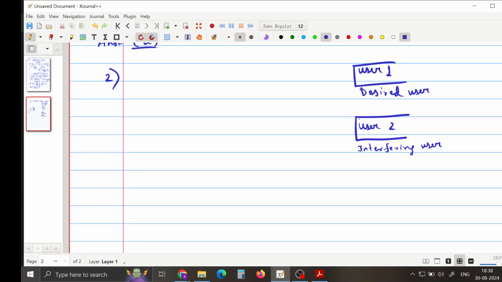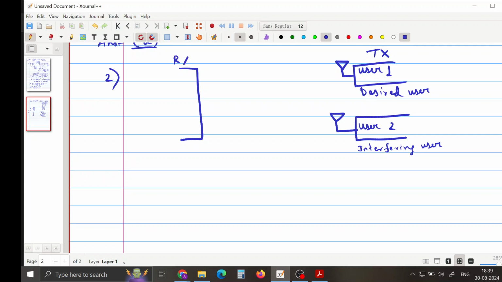So this user 2 is my source of interference, which is not the same as noise. And so this is at the transmitter side, right? And each of them has one transmitting antenna like this. And on the receiver side, so this is the transmitter.